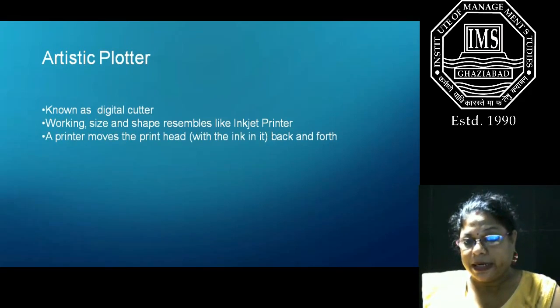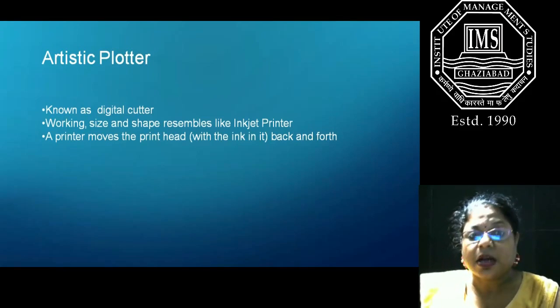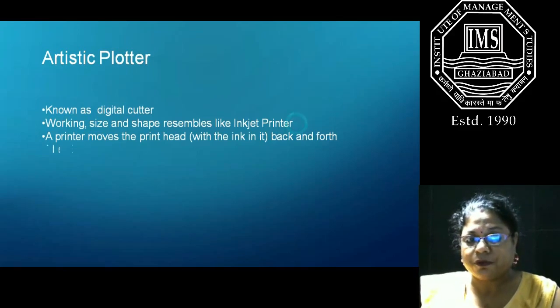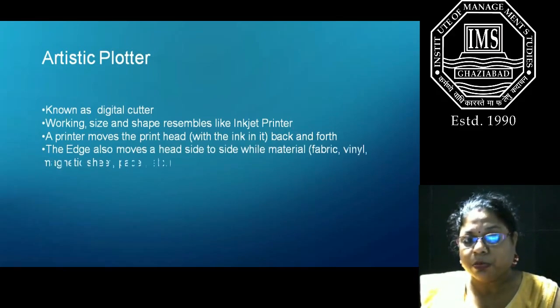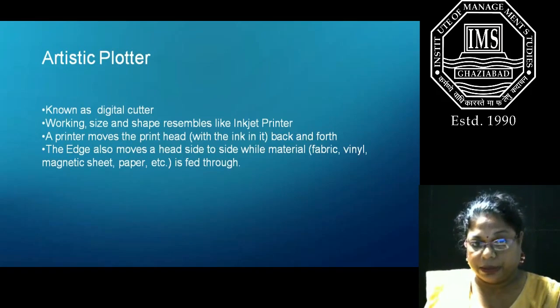The printer moves the print head with the ink, and this moves back and forth, and due to this movement the head also moves side to side, while the material is fed or attached into the plotter.